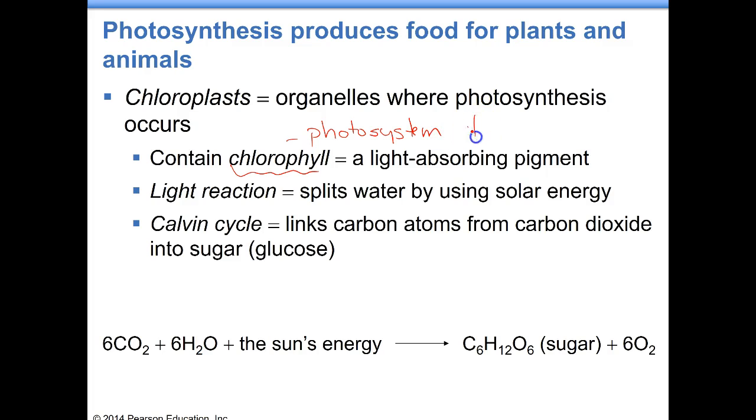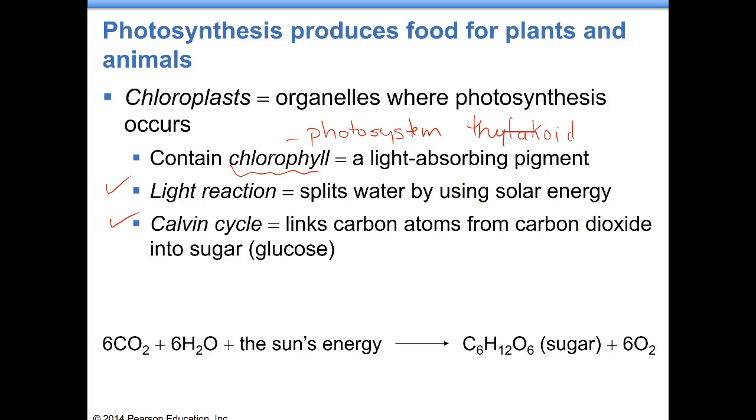And remember, this is located in the thylakoid membrane inside of that chloroplast. We know that it takes two reactions: the light-dependent reaction, which is going to split the water and release the electrons that are needed to power that electron transport chain, and the Calvin cycle, which is going to link the carbon atoms from carbon dioxide into sugar, into that glucose.